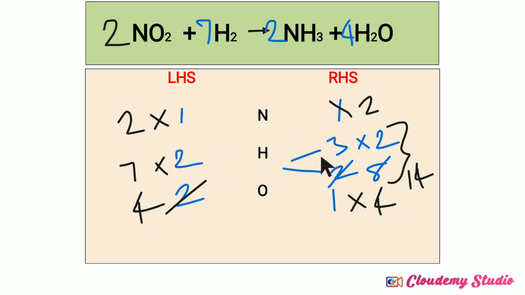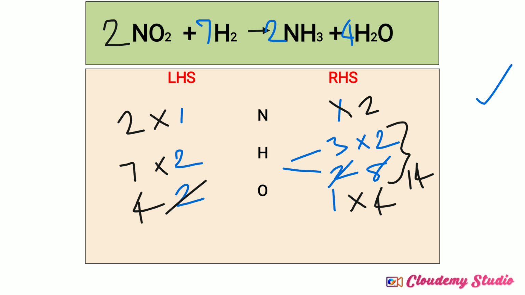Hydrogen on both the sides, how many atoms are there? 14. Oxygen on both the sides, how many atoms are there? 4 atoms. So all the atoms of the elements on the left hand side as well as the right hand side are equal. Therefore, this equation is balanced.